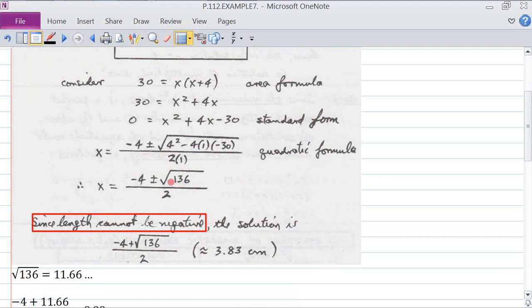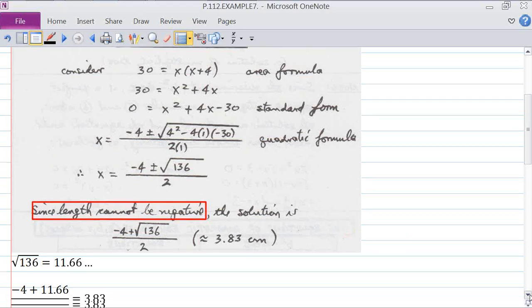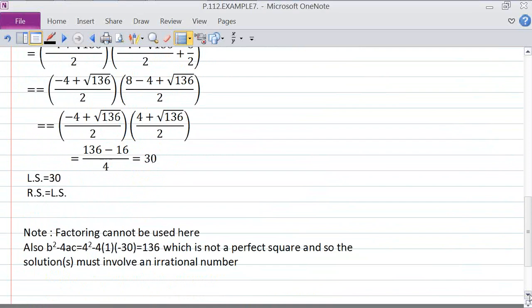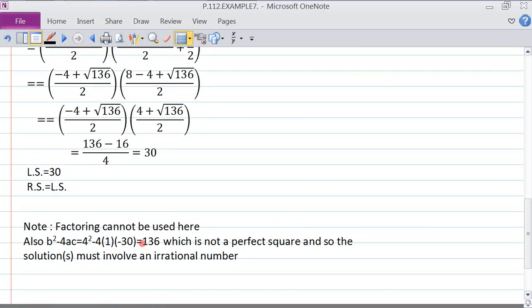And as we said here, the root of 136 is an irrational number. So b squared minus 4ac, let's just go back to that over here, what it says over here. b squared minus 4ac, we found it was 136, which is not a perfect square. 136 is not a perfect square, and so the solutions must involve an irrational number.